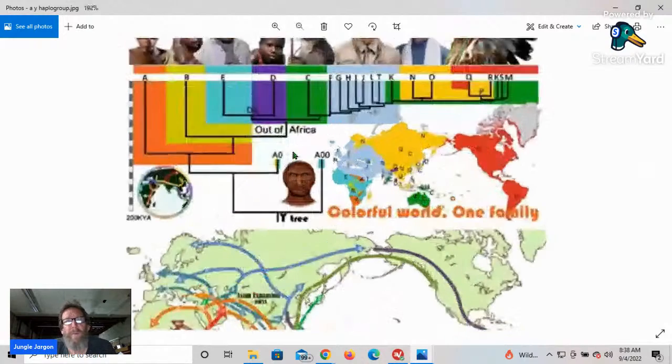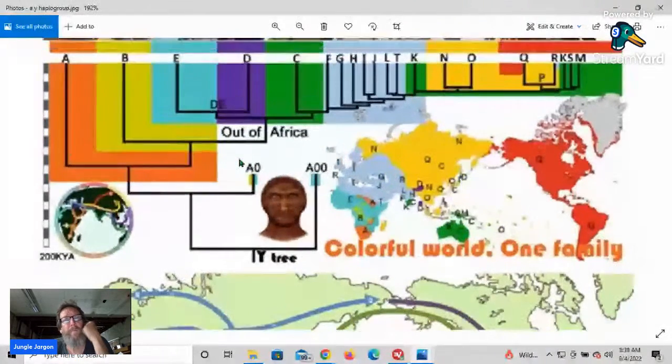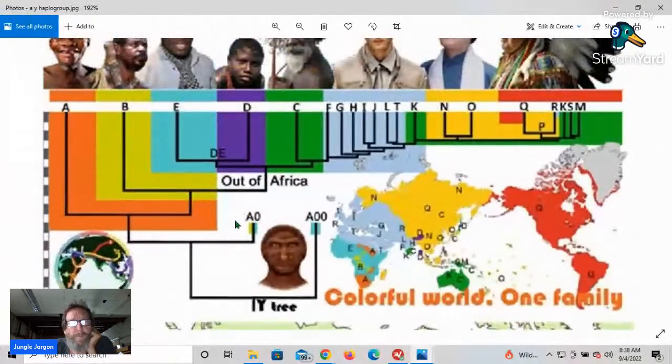But anyways, this South of Africa theory has problems because they root the tree with A. So the Neanderthals are A00000000. So you would think that then the A0 and A00 would have Neanderthal DNA, but they don't.